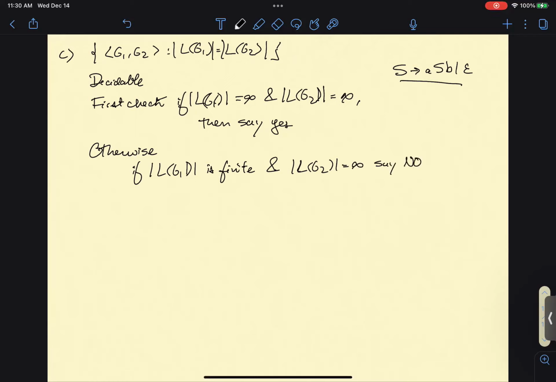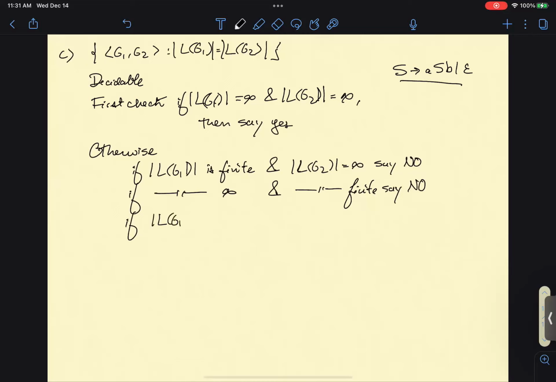Because obviously a finite number is not equal to an infinite one. And the same thing if this is infinite and this is finite, you'll also say no. So again, the only time that you can say yes is if the cardinalities of the languages generated by each grammar are both finite and the same.